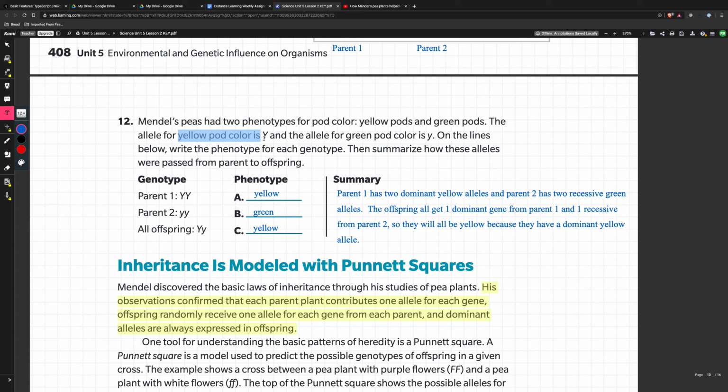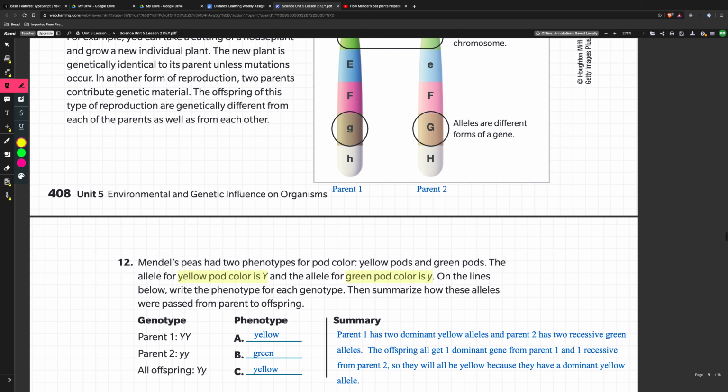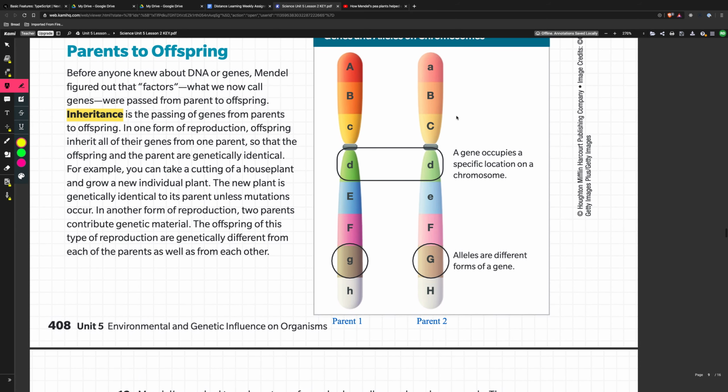Yellow is uppercase Y. Let me highlight those so it's easier to keep track of. And the green pod is lowercase y. So on the lines below, write the phenotype for each. So remember, the phenotype is like what it looks like to us. So parent 1 has 2 Y's in there. So if in their chromosome, right? Remember, because their chromosomes are in pairs, right?